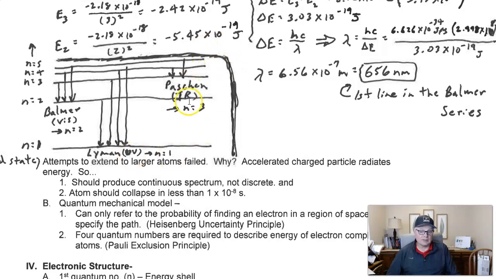There's another series of lines that goes down to n equals 3. This is called the Paschen series. Smaller energy differences, so therefore you would expect longer wavelengths, lower energy, and these are actually found in the IR spectrum. Okay? Can Bohr see into the IR spectrum in 1880? Can he predict where the lines ought to be?